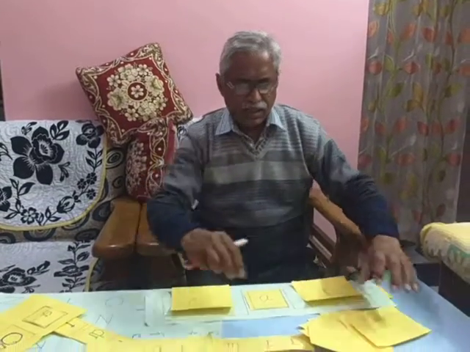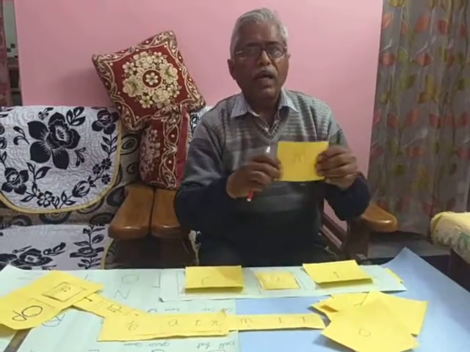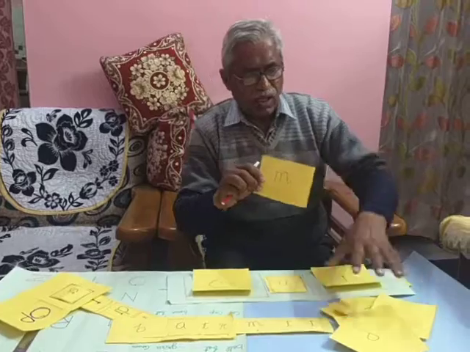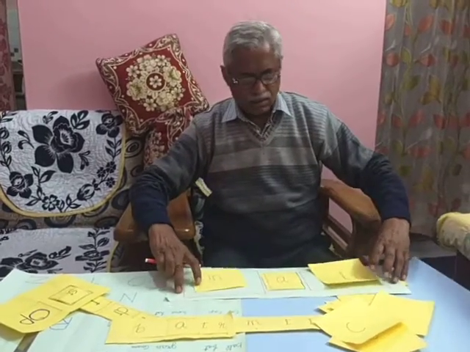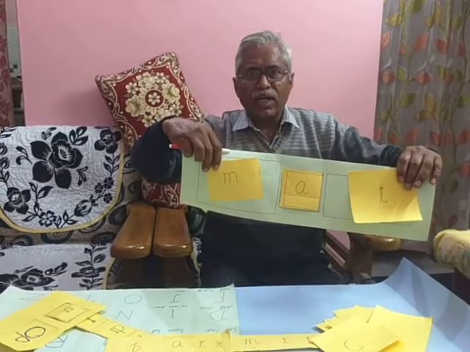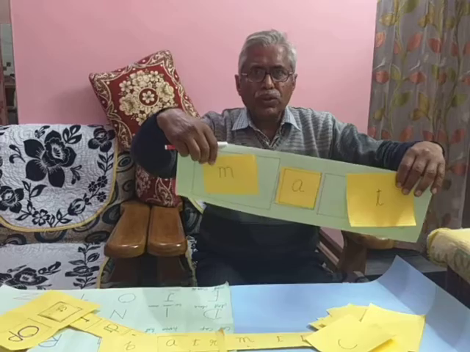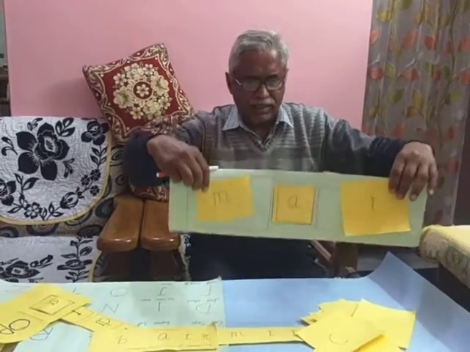Like that, he is going to make many words by picking the appropriate flashcard out of these. See, he will place here mat. Children, one by one, the child will come and try to enjoy it. He will place it. He will do activities like this.